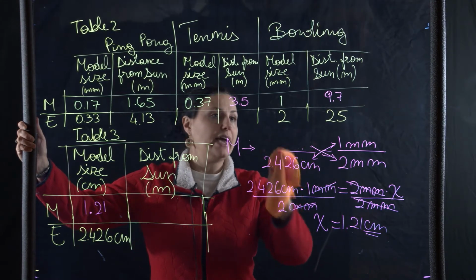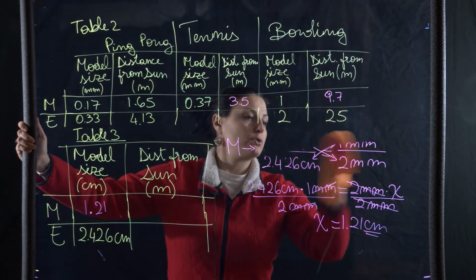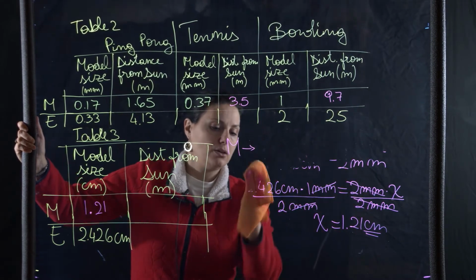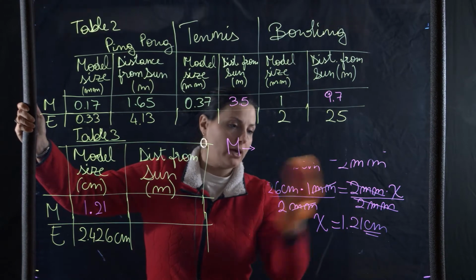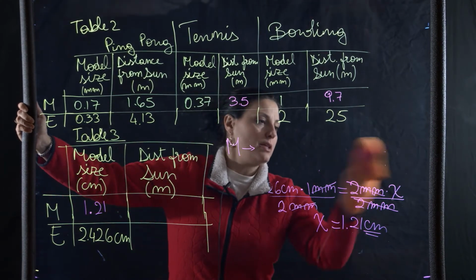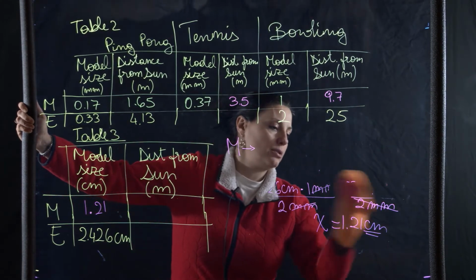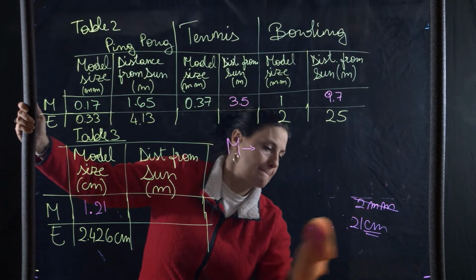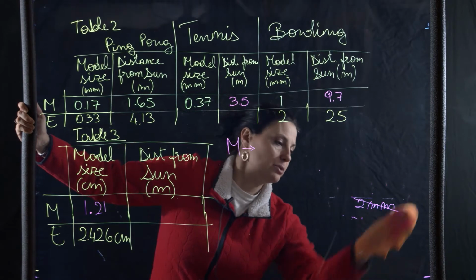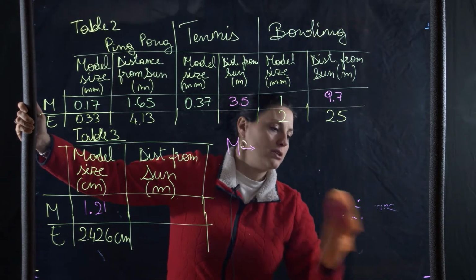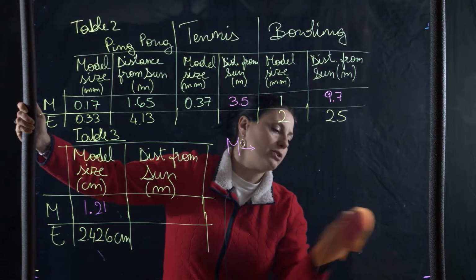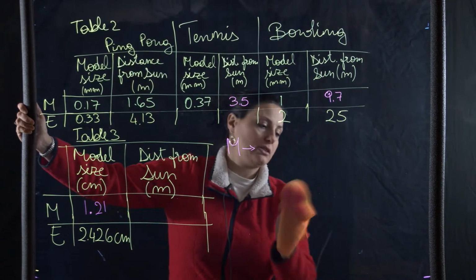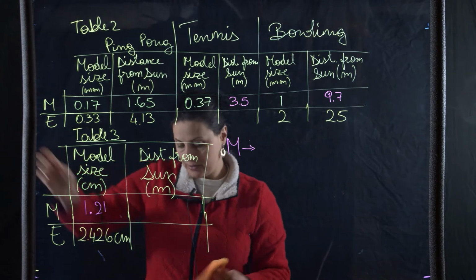Okay, once again, we make use of Table 2. Let me just erase this real quick. Then I'll show you how to fill out the distances. They're, once again, simple ratios. So that's why I say once you learn how to set up the ratios, you can do all of these calculations. They're not that difficult.